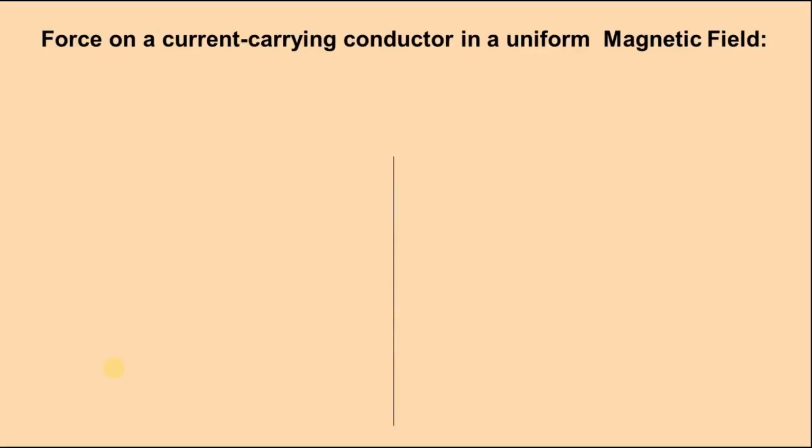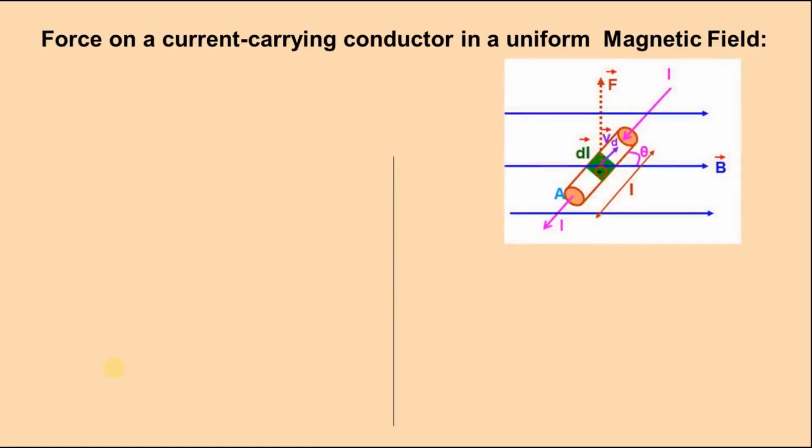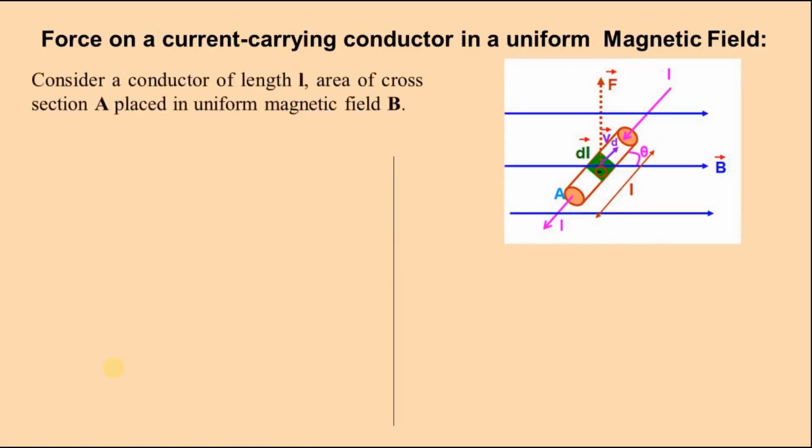Force on a current carrying conductor in a uniform magnetic field. Consider a conductor of length L, area of cross-section A, placed in a uniform magnetic field B. Let theta be the angle between the direction of current and the magnetic field.